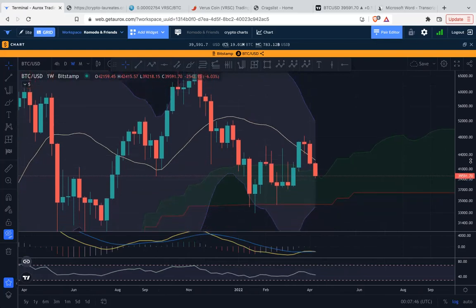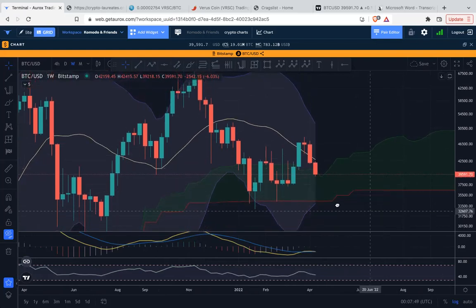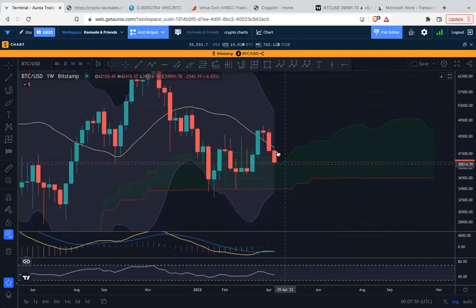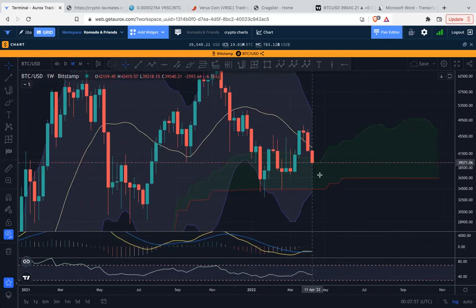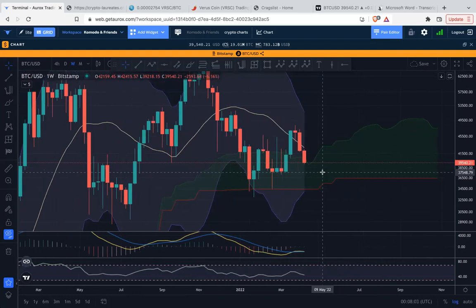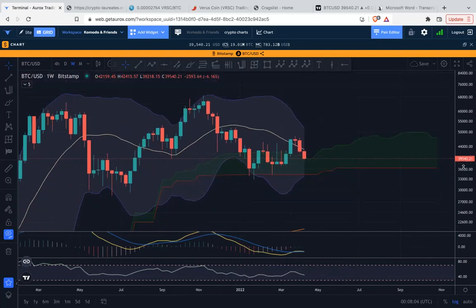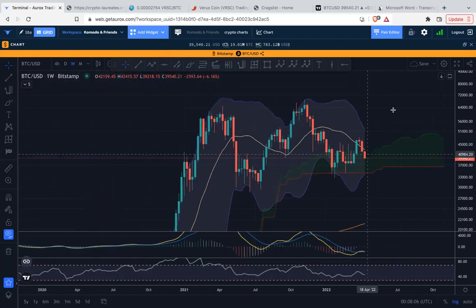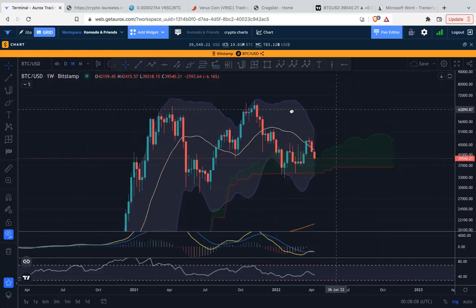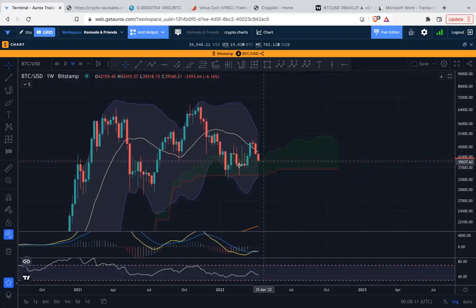So the question is, where will it end this week and what comes next? Maybe a little fight above, but just the weakness overall signals, why not come down further into the cloud? So go to lower timeframes to take a look, but overall on the weekly, firstly, we've got this Bollinger Band action here.